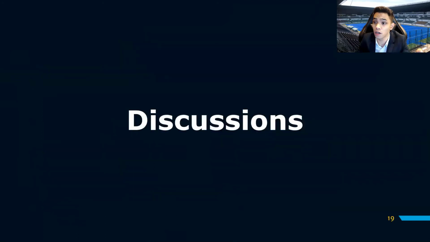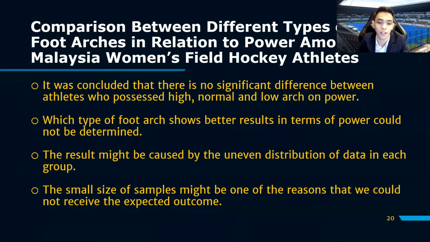Then we move to our next discussion. In our discussion, comparison between different types of foot arches in relation to power among Malaysian women's field hockey athletes. Findings from the previous study have led to the hypothesis making of this study.